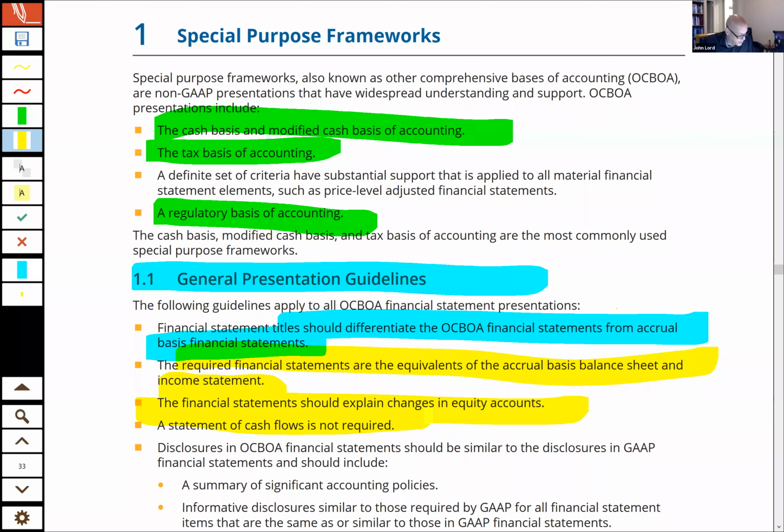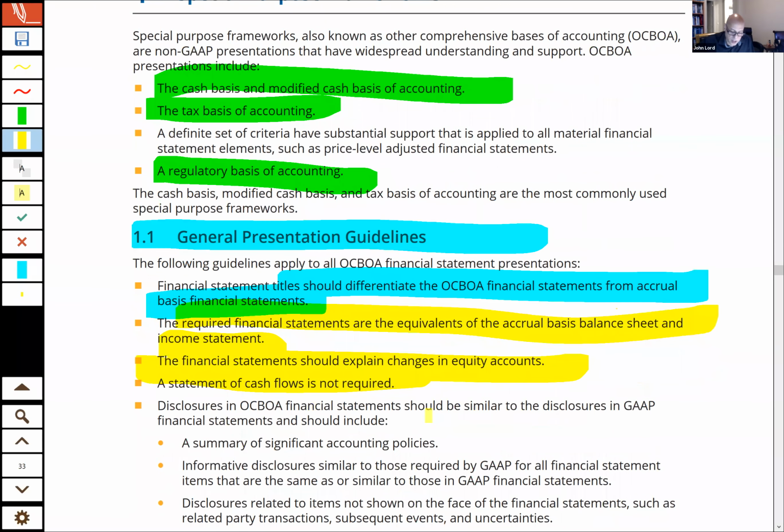And then there needs to be what? There needs to be disclosure in the other comprehensive basis, cash basis, that these are not GAAP financial statements. There needs to be a summary of significant accounting policies, and the big thing being, hey, these are cash basis financial statements.